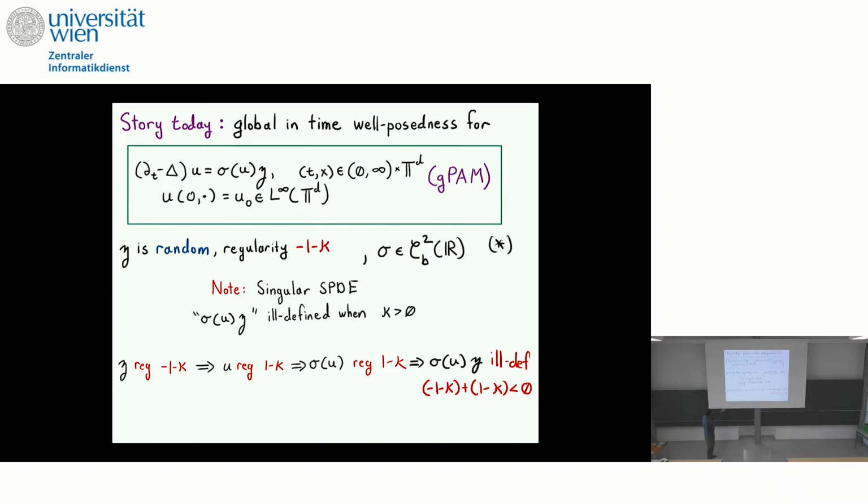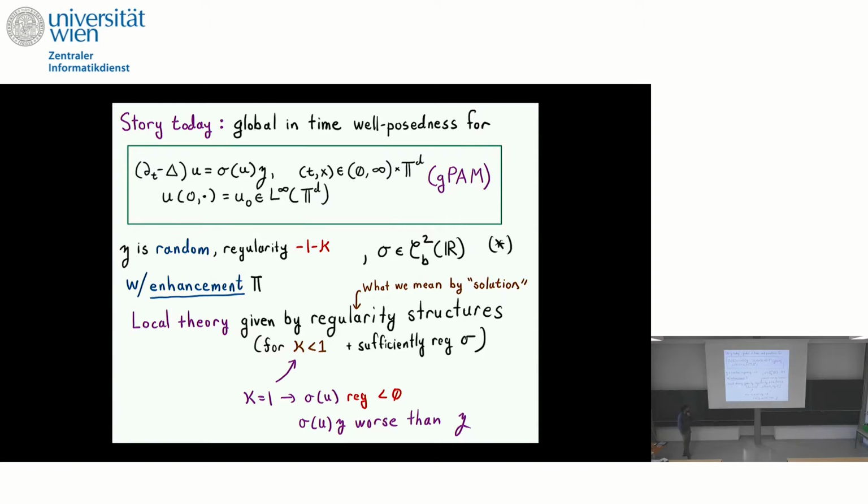If you plug that solution into a smooth function, you don't expect any more regularity, so sigma of u has regularity 1 minus kappa. Then if you go back to the right-hand side and define this product, the regularity exponents add up to something negative. So you don't expect a canonical definition of the right-hand side of this equation in the same regularity class where you expect to find the solution.